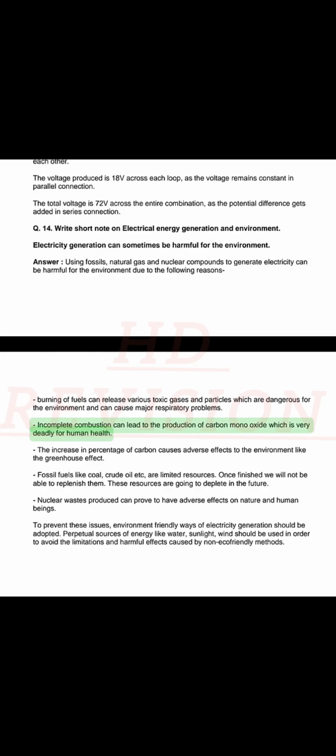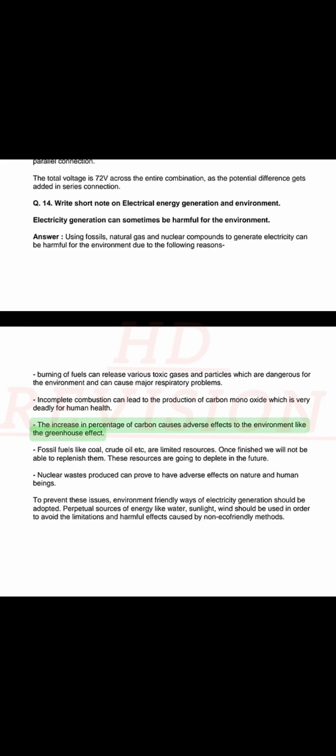Burning of fuels can release various toxic gases and particles which are dangerous for the environment and can cause major respiratory problems. Incomplete combustion can lead to the production of carbon monoxide, which is very deadly for human health. The increase in percentage of carbon causes adverse effects to the environment like the greenhouse effect.